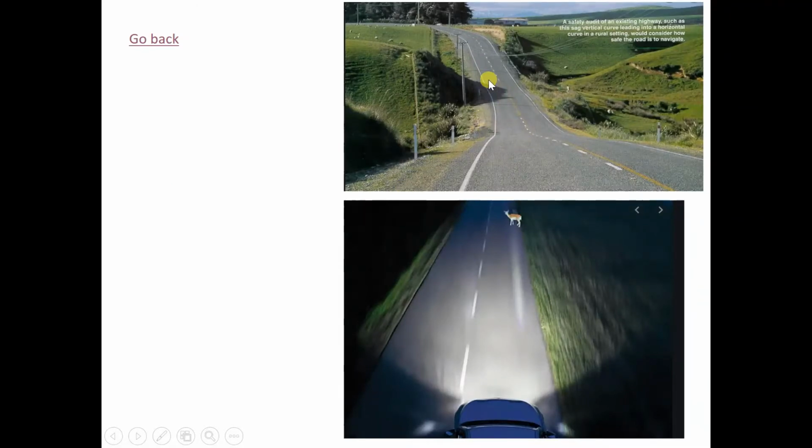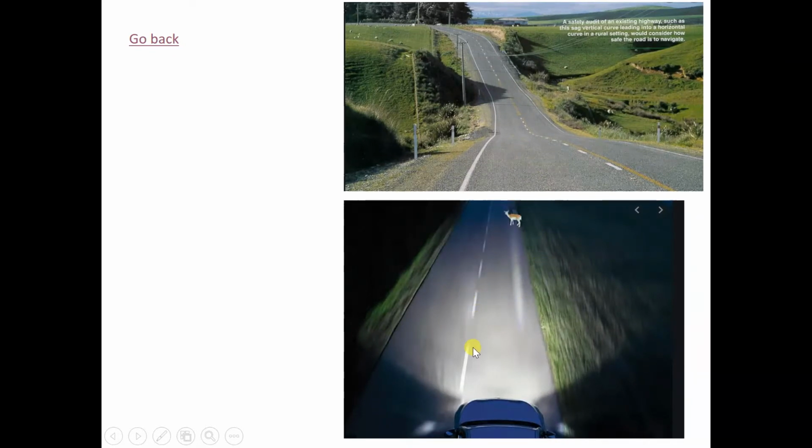So this curve is quite good, because the vertical curve radius is probably not too big and not too small, and it's quite a long vertical curve length. So you can see quite clearly in front, any vehicle coming, any hazard in front.